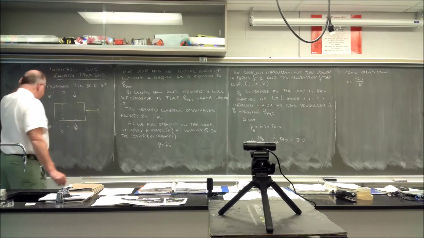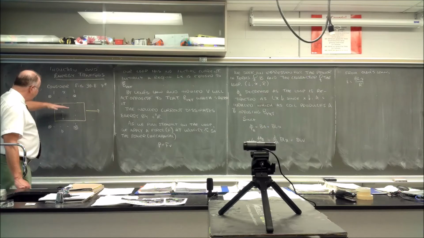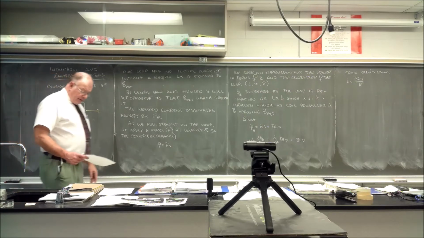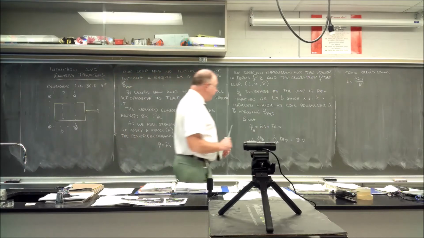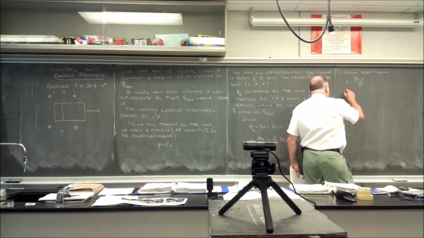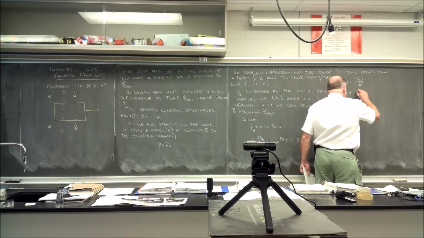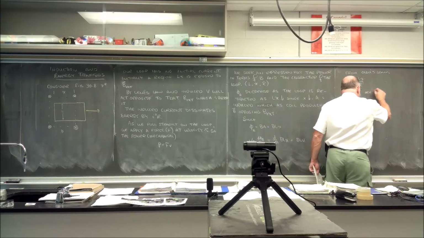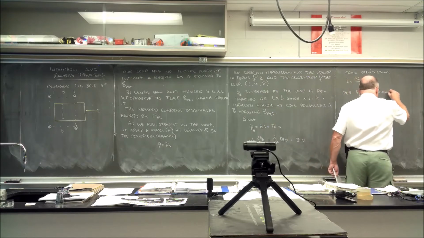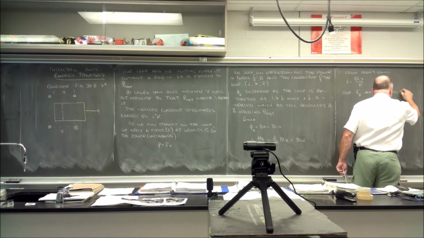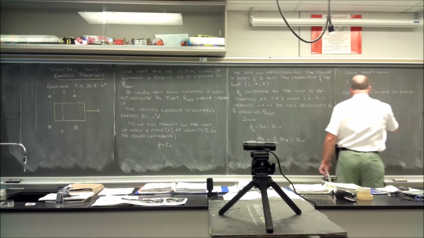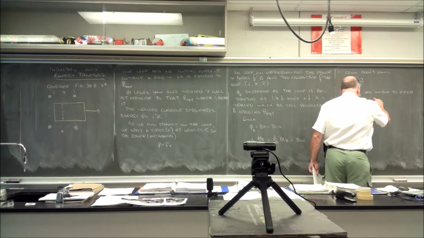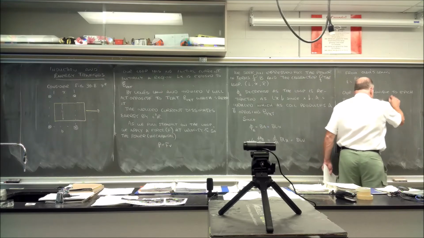So if we look at this, we're going to have forces on all four sides. And the magnetic forces are unique to each side. And I'll put in parentheses only inside magnetic field.